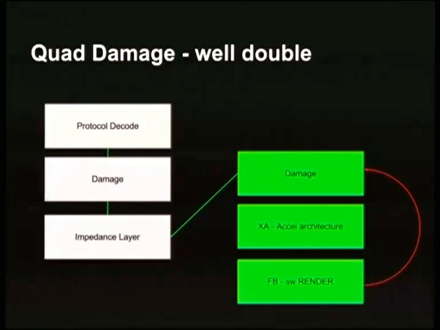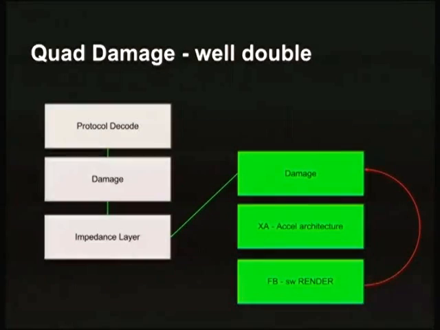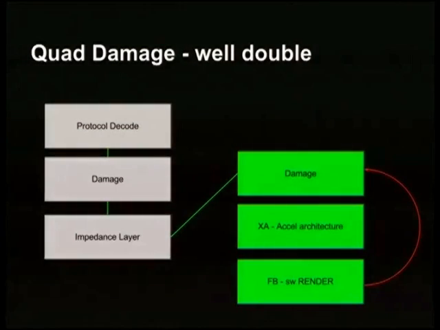The problem is you still have to track damage for protocol objects, and you need to track that above the impedance layer because there's certain protocol things that happen that need to track damage. But you also need to track damage for the internal GPU objects. So you need to have damage in two places, it actually works, but it's kind of a bit of overhead I didn't like. But this is currently the way it's sort of looking.